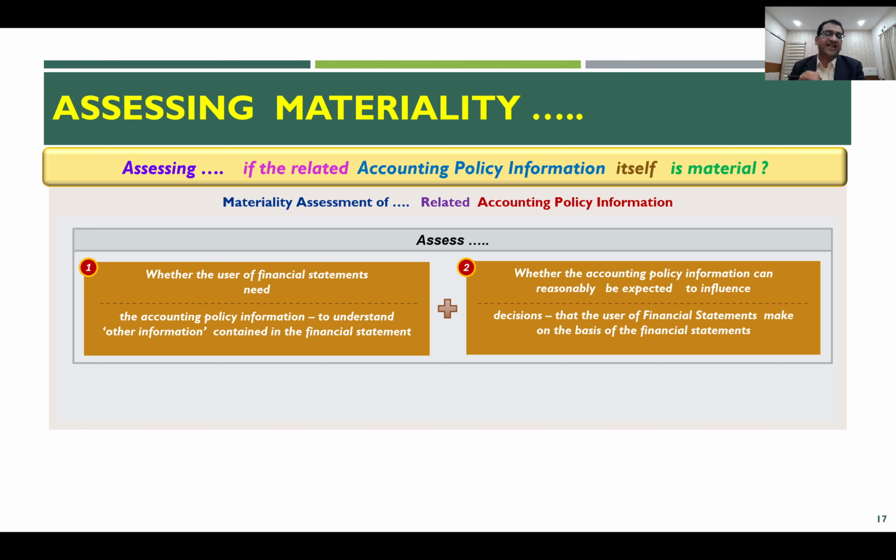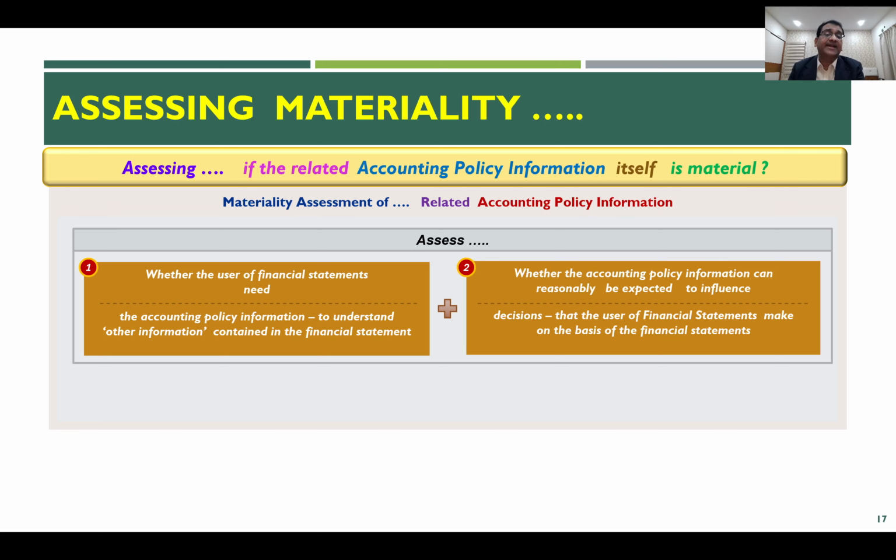Do the users of the financial statements require the accounting policy information to better understand other information contained in the financial statements? If the answer is yes, you need to ask one more question: whether that accounting policy information can reasonably be expected to influence the decision-making process of the primary users of the financial statements.